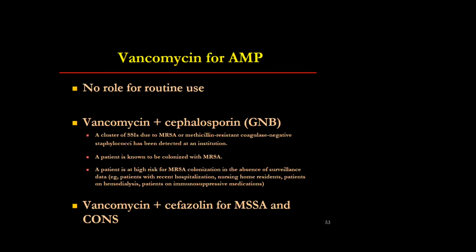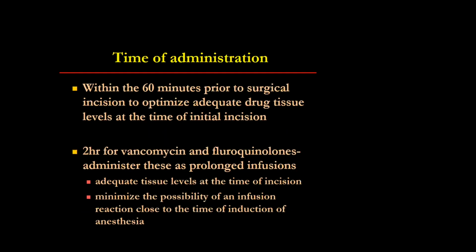Then in those patients, you might want to use vancomycin for antimicrobial prophylaxis. Also if a patient is at high risk for MRSA colonization, and for some reason you cannot obtain nasal swabs, or can't wait for the results, or patients who have had recent hospitalization, are immunocompromised, or had a long antibiotic stay before coming here, you might want to use vancomycin as a choice for antimicrobial prophylaxis.